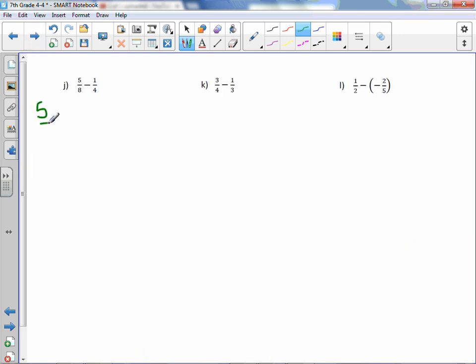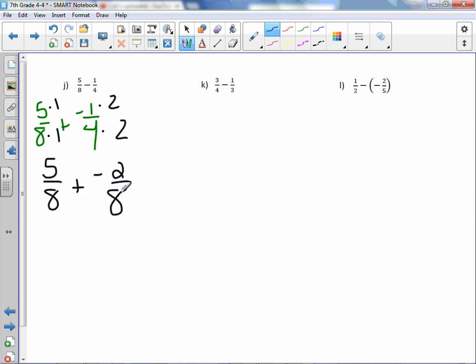I will not subtract. I will add the opposite. Our LCD is 8, so I need to multiply this second fraction by 2, and this first fraction can remain the same. So 5 over 8 plus negative 2 over 8, which would equal 3 over 8, which is reduced.